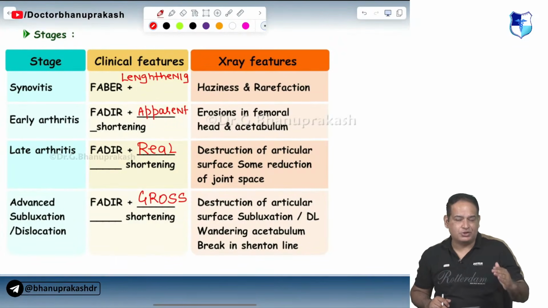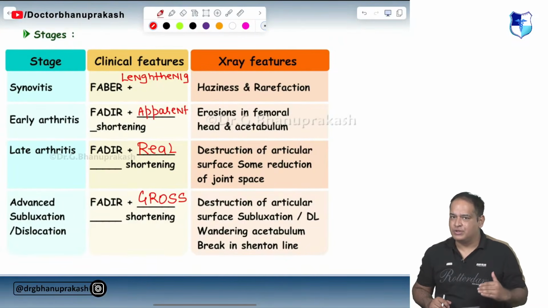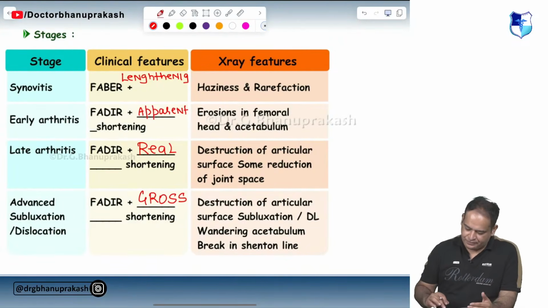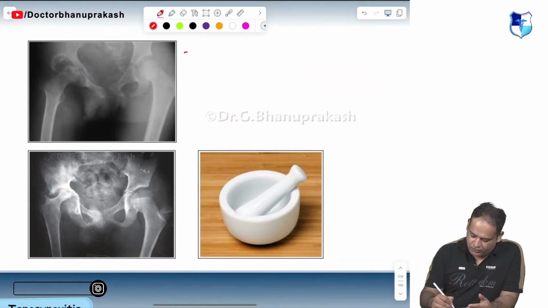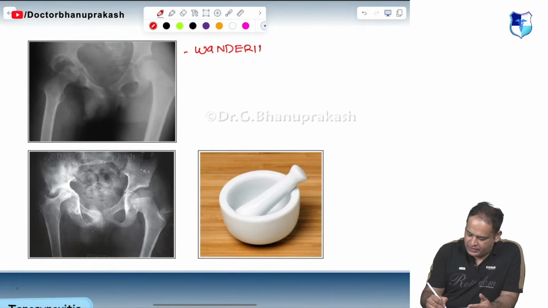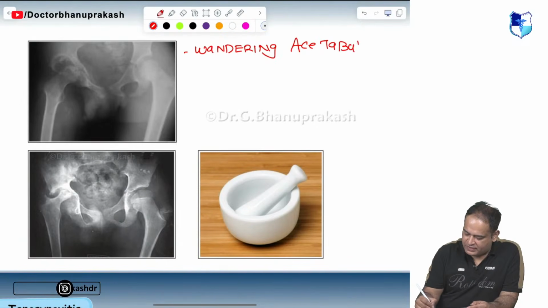Too much shortening. Right? Now, on X-ray, what do we get to see? We get to see wandering acetabulum. Wandering acetabulum, right? And in the later stages, what do we get to see?